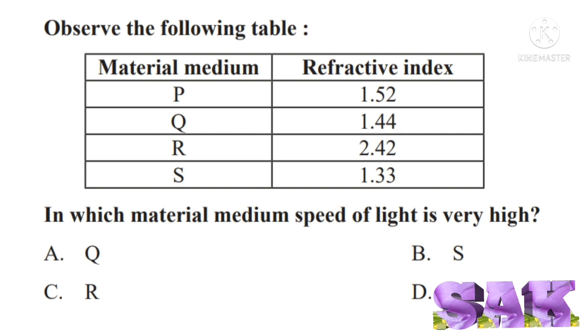In the given refractive indexes, refractive index of S is very low. So, speed of light in S is highest. So, correct answer for this question is option B, S.